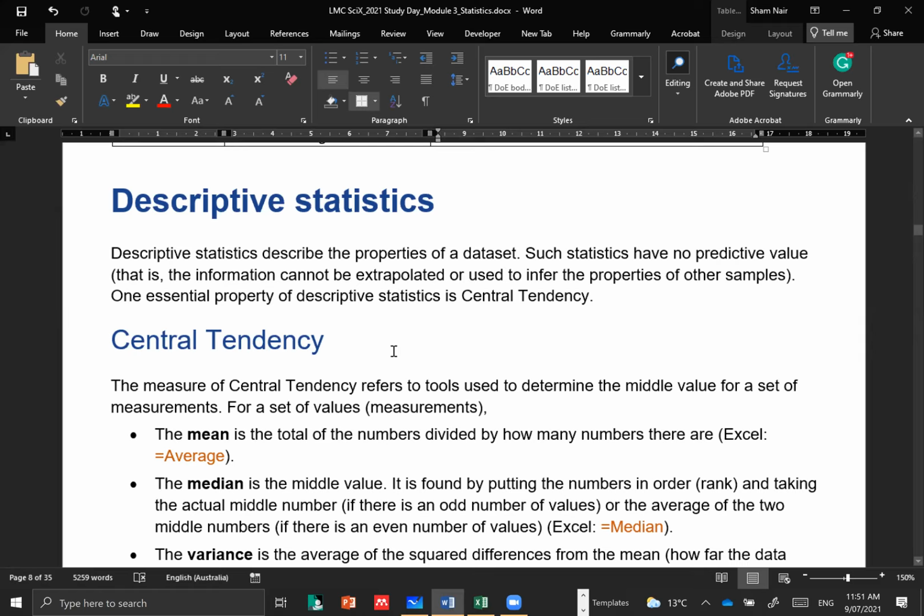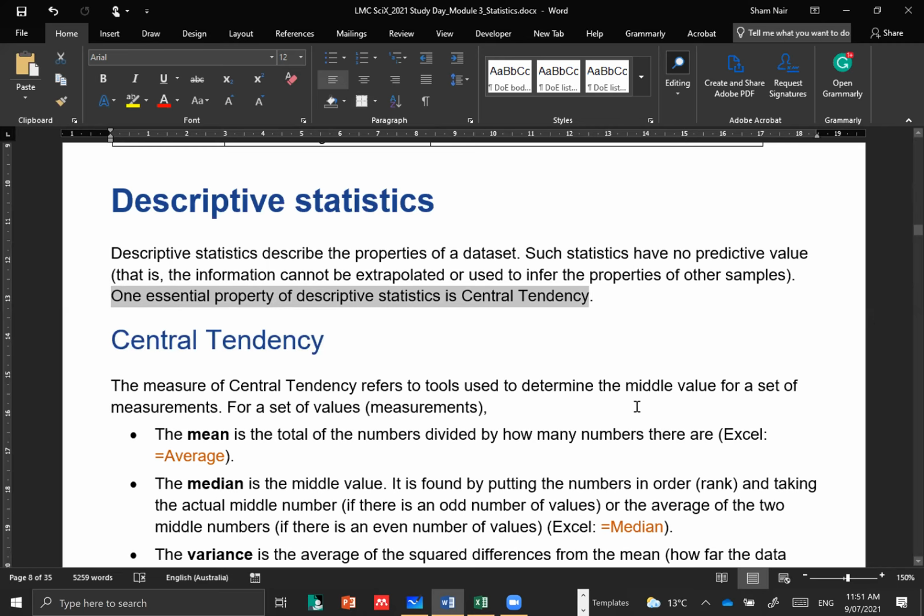Okay, so descriptive stats. I want to bring your attention to this sentence here. If you take any repeated measurements, it doesn't matter what it is, it can be qualitative, quantitative, whatever, that's not important.